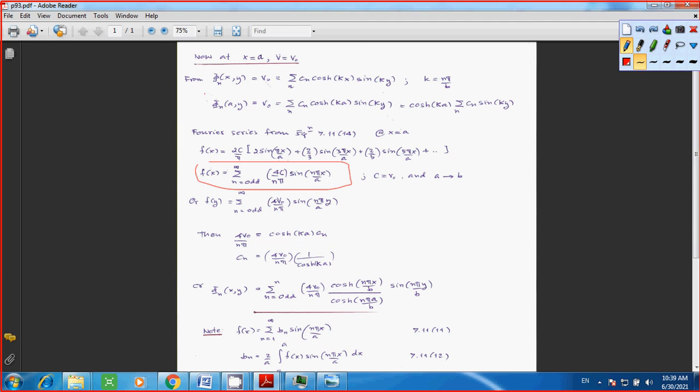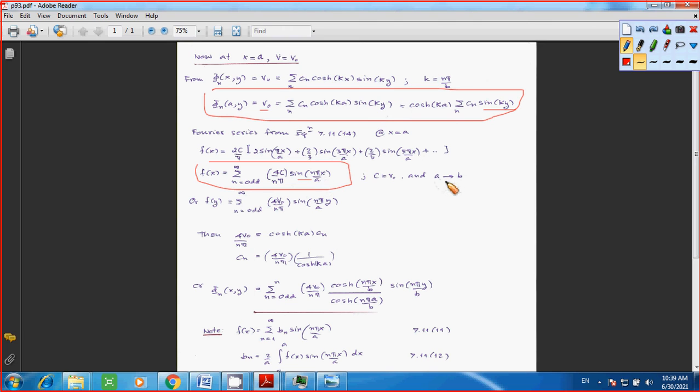And if you compare to the potential, you also have a sine term. So you see it's simply equal to what? It's going to be equal to V0. And what else?